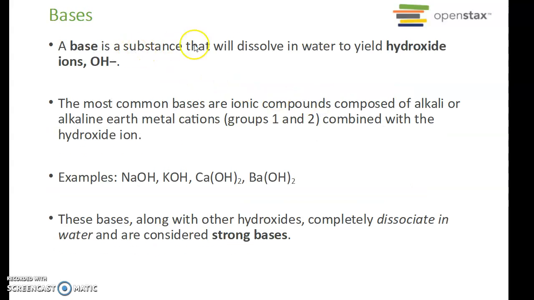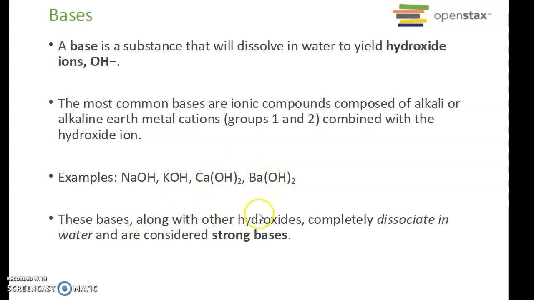A base is a substance, according to the Arrhenius and also the Bronsted-Lowry definition, that yields hydroxide ions, OH-. The most common bases are ionic compounds composed of an alkali or an alkaline earth metal, in other words, groups 1 and 2 on your periodic table. Potassium hydroxide, right here, sodium hydroxide, calcium hydroxide, barium hydroxide.